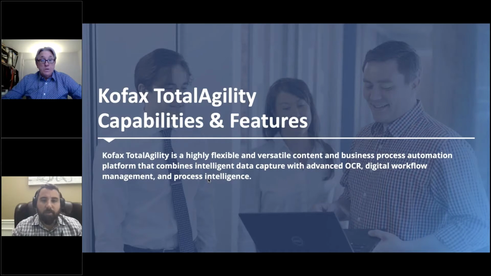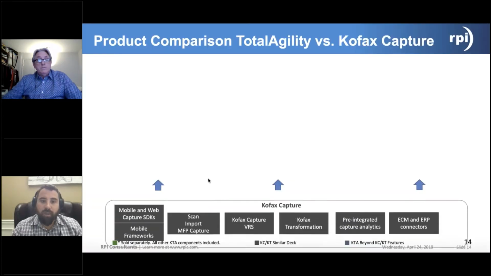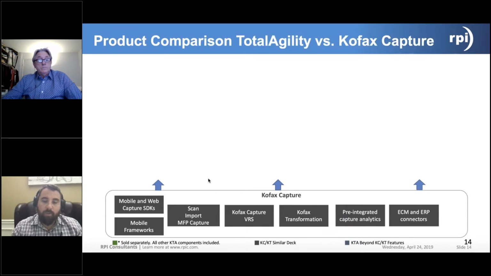Great. So I'm going to talk to you a little bit about some of the features of Kofax TotalAgility and how they compare to what you just saw in Kofax Capture and Transformation, how they translate into TotalAgility, and what additional features Kofax TotalAgility has. We talked about how Kofax Capture has the scan and import, Kofax VRS, Kofax Transformation, and all these connectors for exporting your data out.